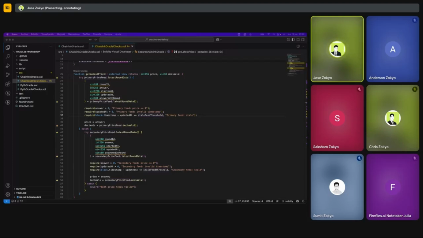And of course, you should be using the wrapped price feed. I've seen also protocols that always use the native price feed, which is not correct. That would also be a high vulnerability. So that would be everything for Chainlink.